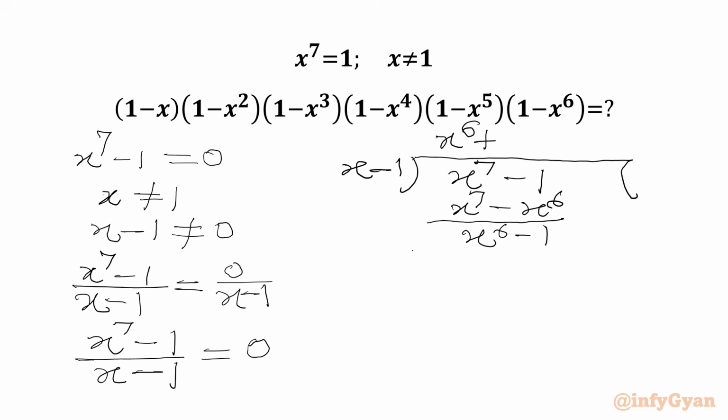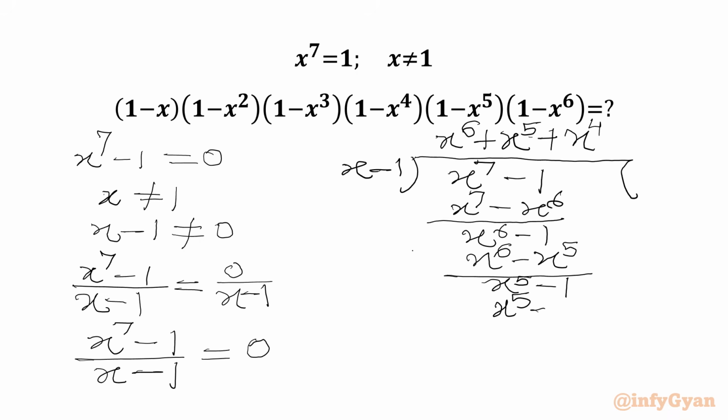Again we need to write here plus x power 5 to cancel x power 6 over there. Then we need to write minus x power 5. We'll subtract and get x power 5 minus 1. We'll write here plus x power 4 and x power 5 minus x power 4 over here.